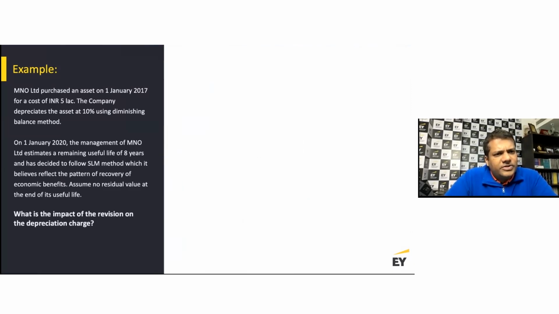So on 1st of January 2020, the management of M&O Limited estimates a remaining useful life of 8 years, and has decided to follow the SLM method, which it believes reflects the pattern of recovery of economic benefits. Assume no residual value at the end of its useful life.